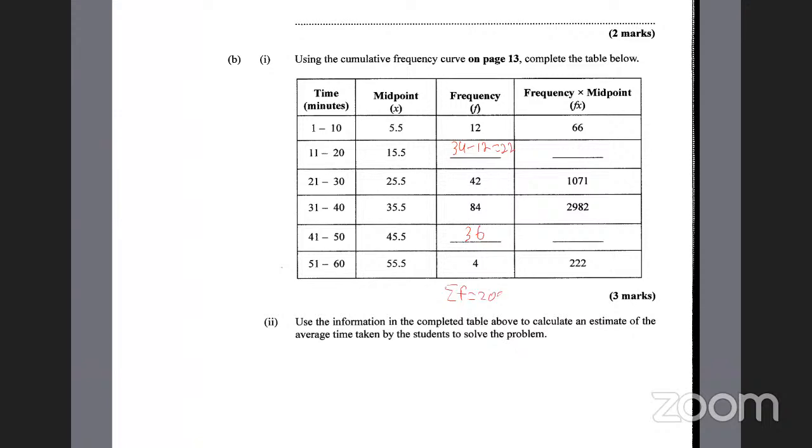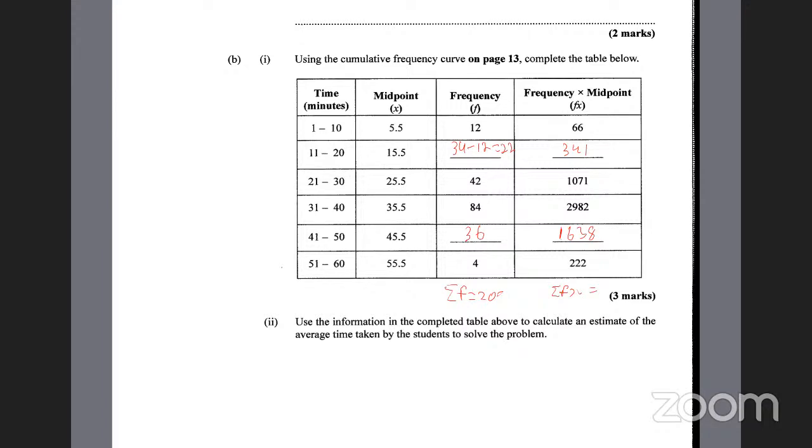So that's 15.5 multiplied by 22. So that's 341. And then 36 by 45.5, I have 1638. Now I need to get the sum of fx.